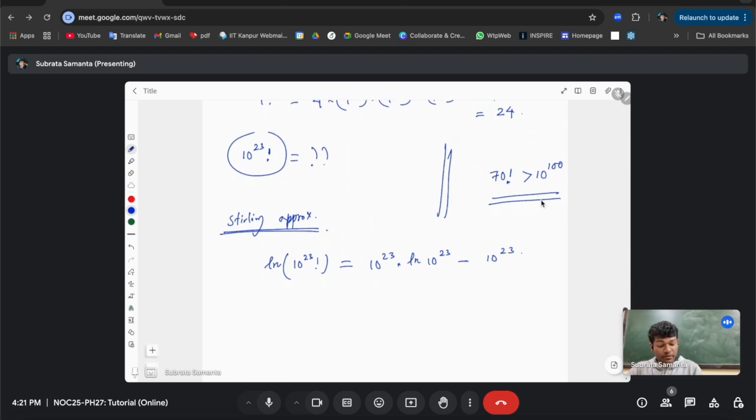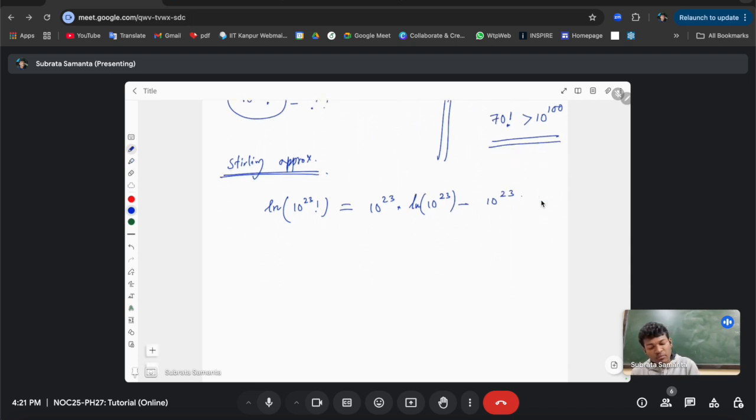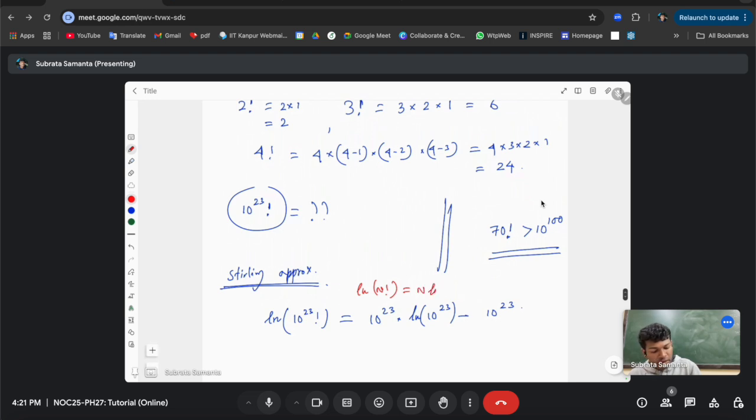This is an approximation, a very good one if n is very large. In this case, my n is 10 to the power 23. So the general formula is ln n factorial equals n ln n minus n. Again, this is an approximation.